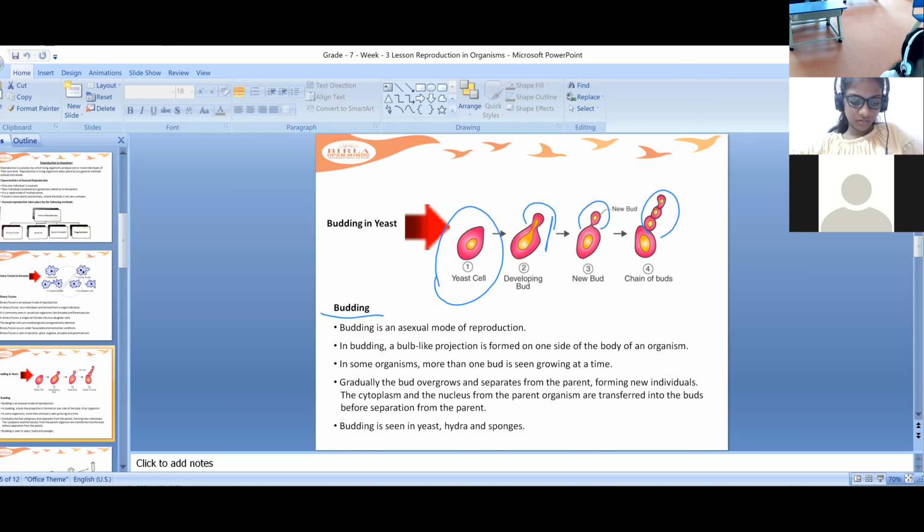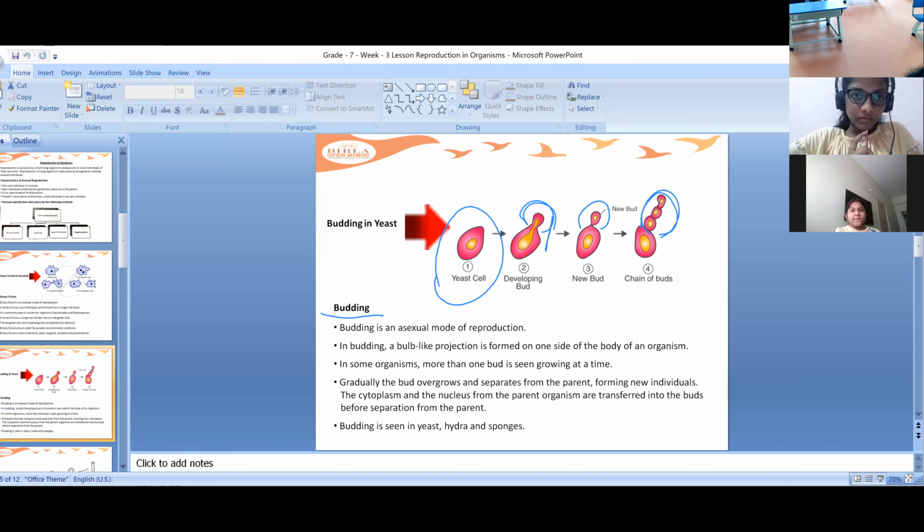In budding, a bulge-like projection is formed on one side of the body of an organism. In some organisms, more than one bud is seen, like here, where you can see 3 buds. In some, only one bud can be seen. What happens here?